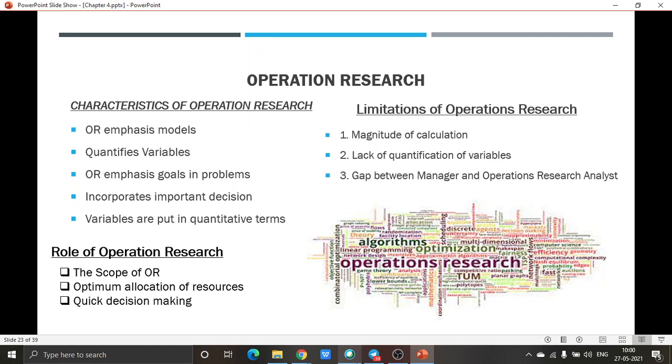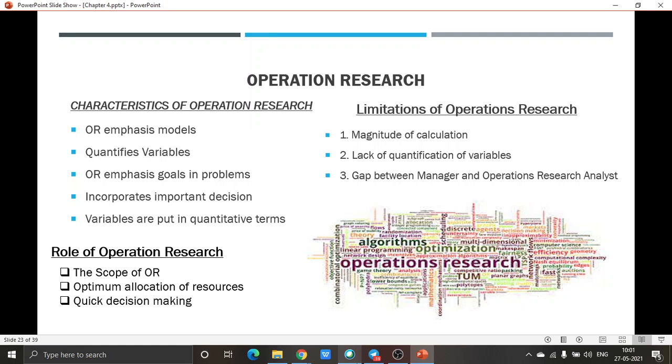In such a case, operational research will always give techniques for effectively deciding how to allocate the limited resources in the organization.